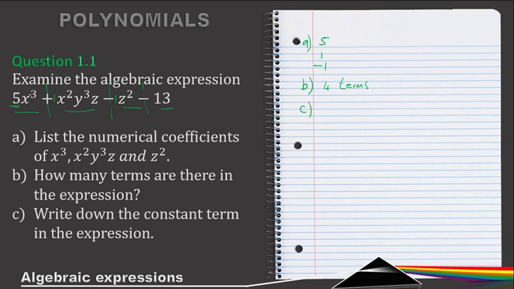If I put 2 in here, this becomes 40. But this 13, no matter what I do with these x, y, and z's, this 13 always remains 13. And that's why it's called a constant, because it remains constant. And once again, when they say write down the constant, the sign is also very important because the value here is negative 13. So my constant is negative 13.